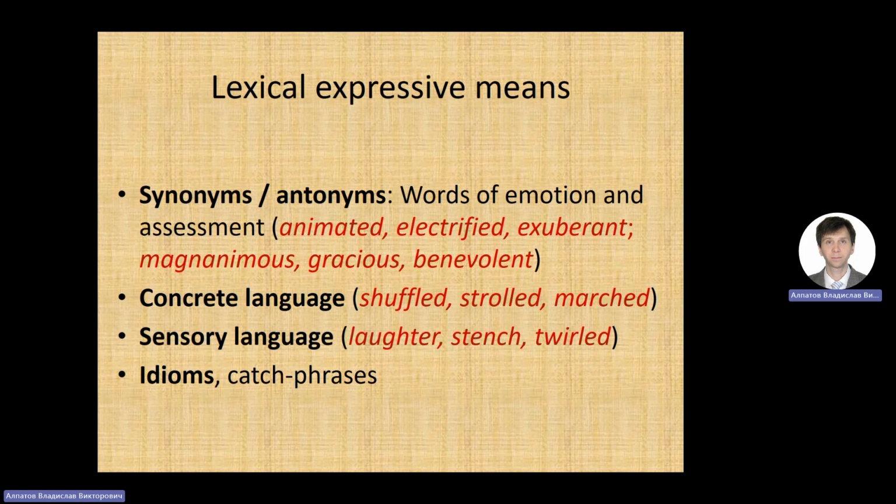They are the sensory language. So the words which describe things related to our senses, what we can feel, see, hear, touch, smell in the story through the words. So the words which have a very bright imagery component in their semantic structure. Laughter, stench, things like that.